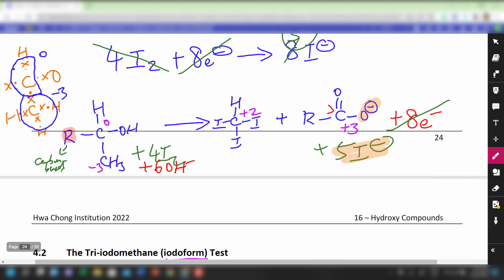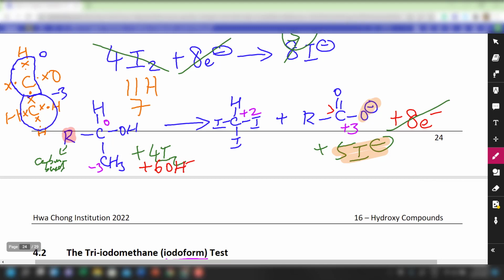So how do we do the quick count? Very simply, what is the number of H on the left hand side? Of course, I need to dismiss the R. Over here we have 6, 7, 8, 9, 10, 11. So we have 11 H's on the left hand side. And for oxygen, we have 7 O's, so 6 plus 1 is 7.